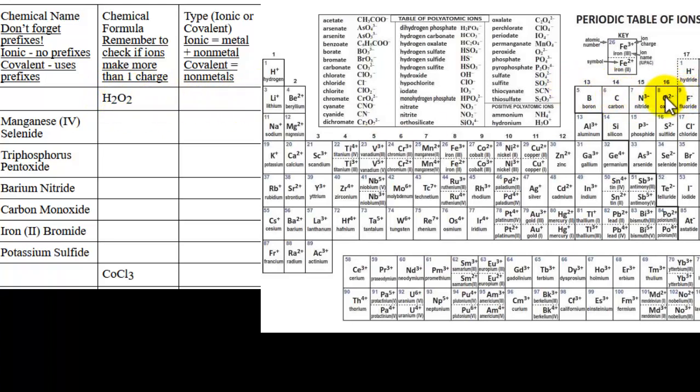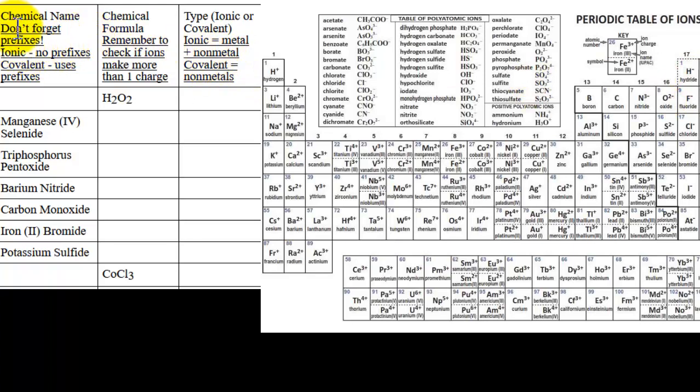Oxygen's right here. And although hydrogen is here, we know it's a gas, and it also shows up over here on the right side. Hydrogen is weird because it acts sort of like a metal sometimes, but we know that hydrogen is not a metal. You collect it as a gas in a tank made of metal. So it's not the metal itself. So anyways, that means it is covalent.